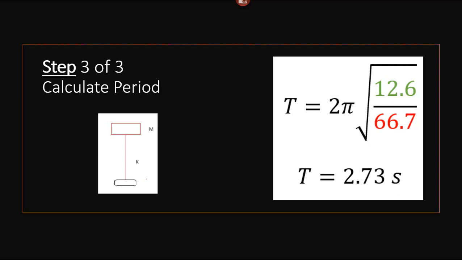Okay? So enough of background. Now let's see how we can use this knowledge to model real life structures inside computer programs. After you calculate the time period, you can use the response spectrum curve to come up with the acceleration.